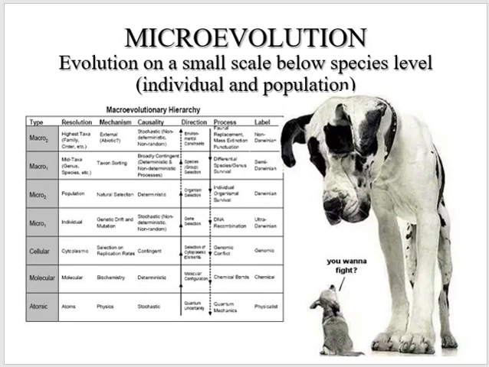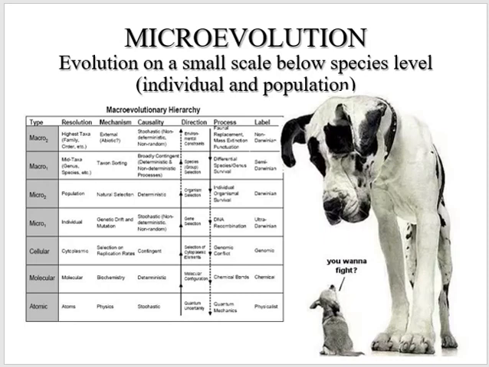Macroevolution deals with these large-scale, long-term changes within populations, and these changes occur at or above the species level. So it's closely tied with speciation as far as the creation of new species.